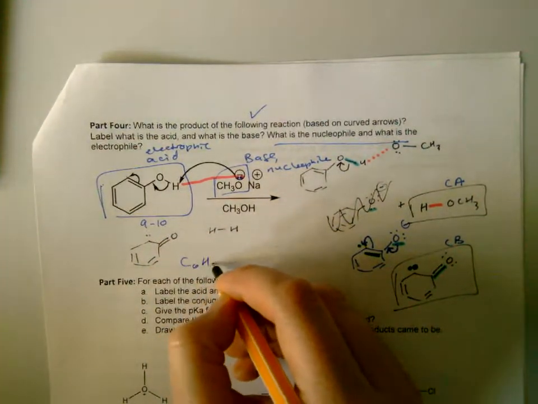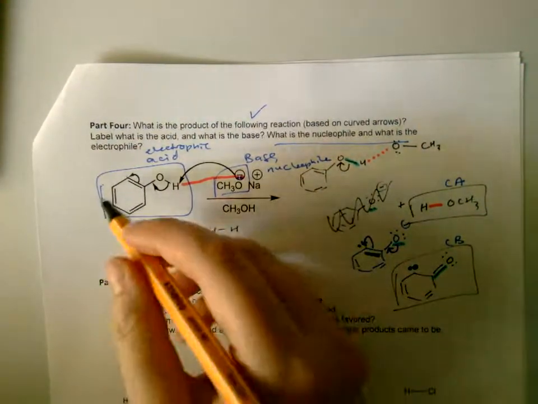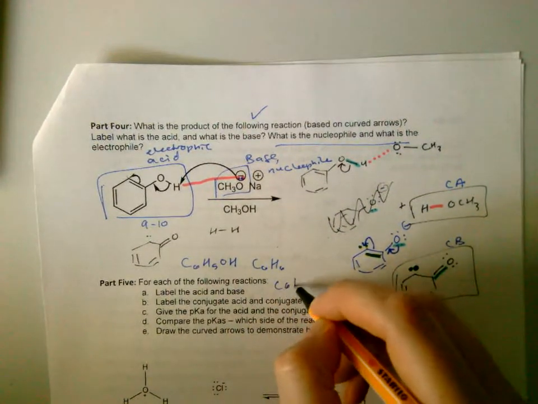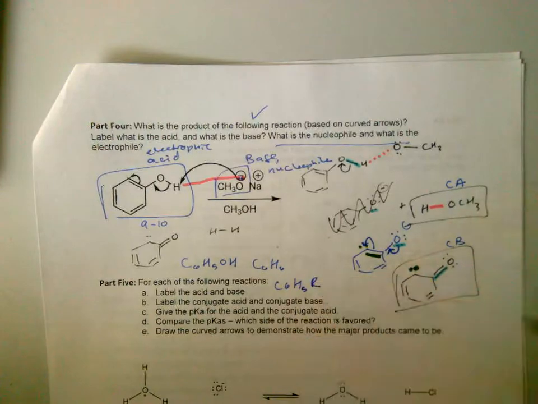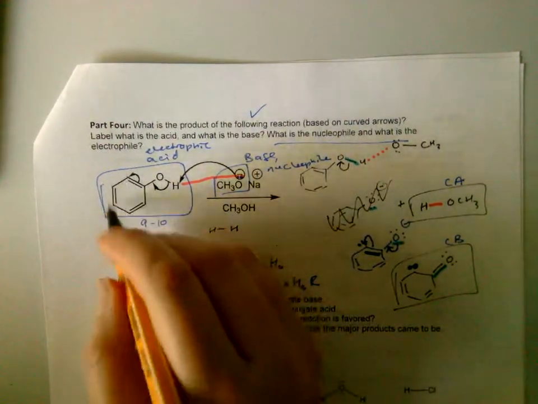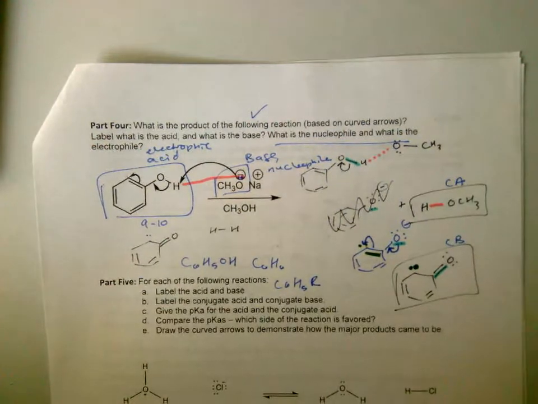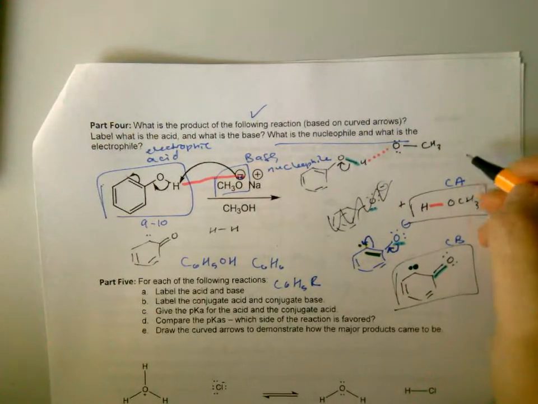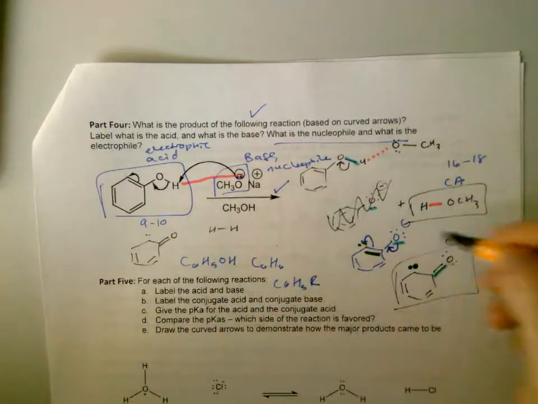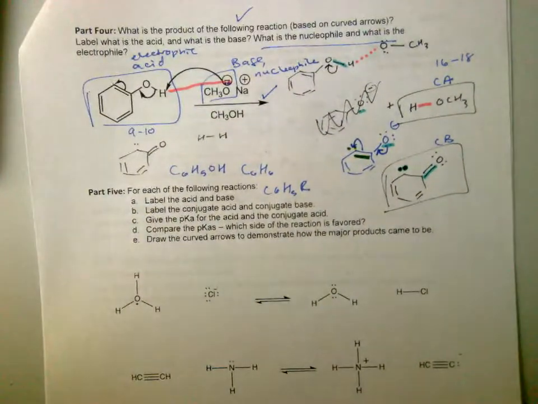It's written as C6H5OH. Shorthand for benzene is C6H6, and if it's substituted, it's C6H5, and then whatever your substitution is. So the pKa of that is 9 to 10, and the pKa of this acid that's an alcohol is 16 to 18. So this arrow is correct because this side of the reaction is favored.